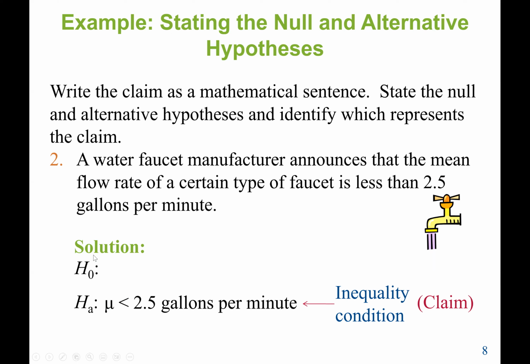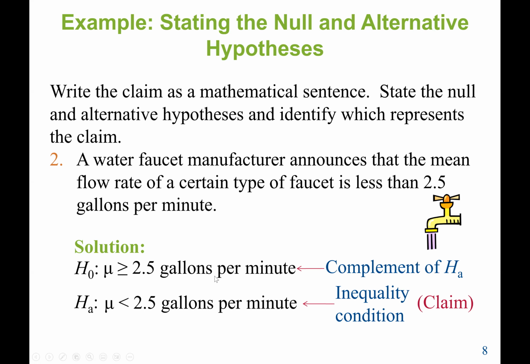Remember, H0 will have to be an equality, either greater than or equal, or less than or equal. So in this case, our answer will be greater than or equal, because if we have less than, then we should have greater than or equal. So that would be the H0. Always again, H0 and HA are complements of each other.